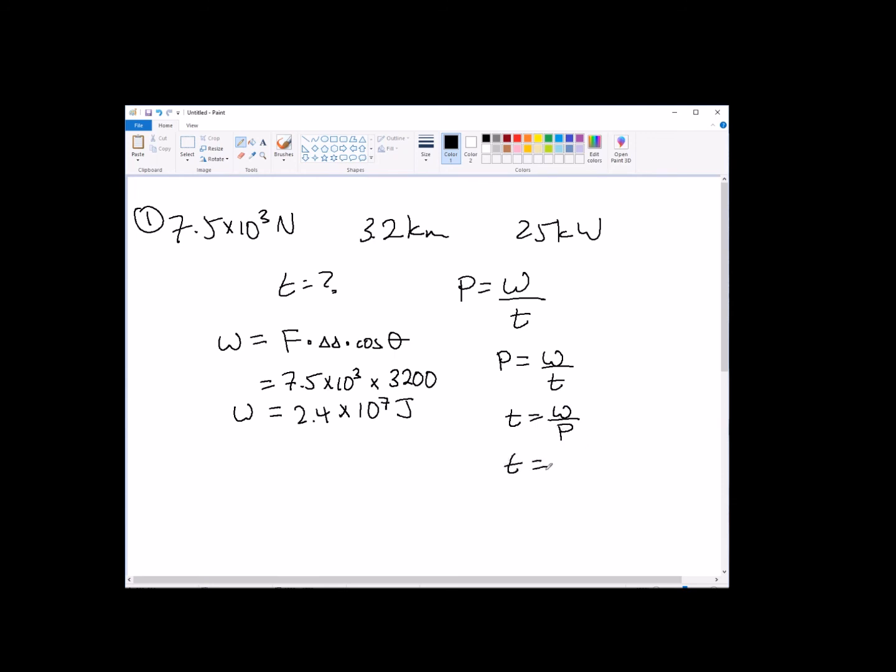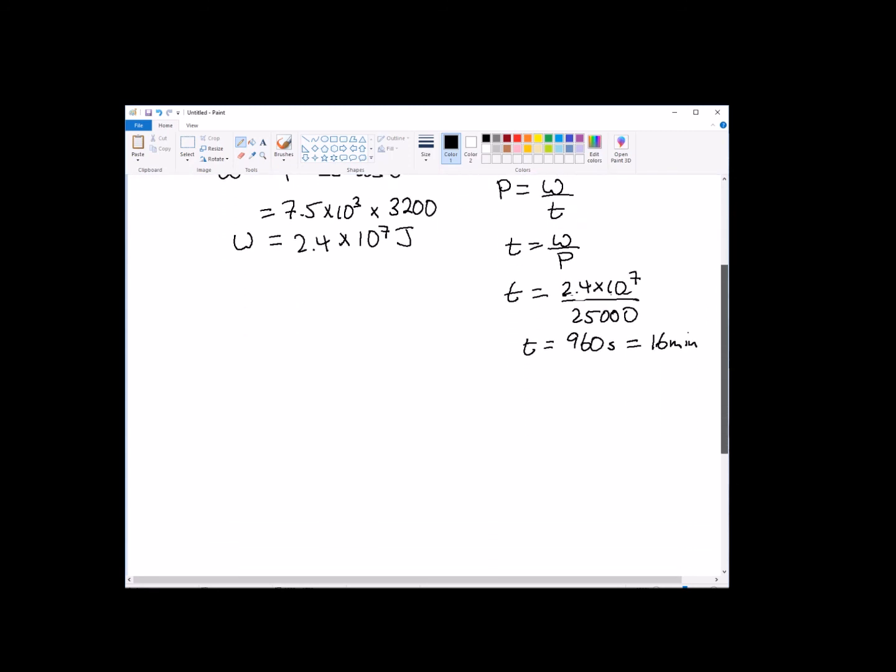So our time is equal to 2.4 times 10 to the 7 over 25,000, joules over watts. So we end up with our answer of time is equal to 960 seconds, which is 16 minutes.